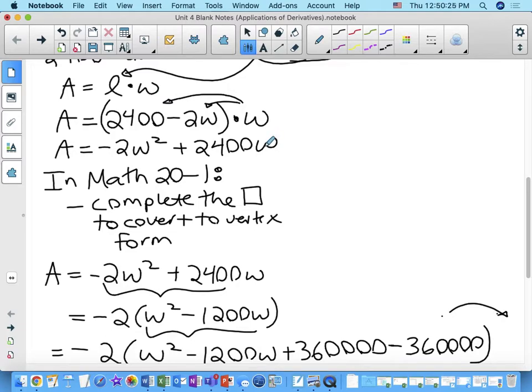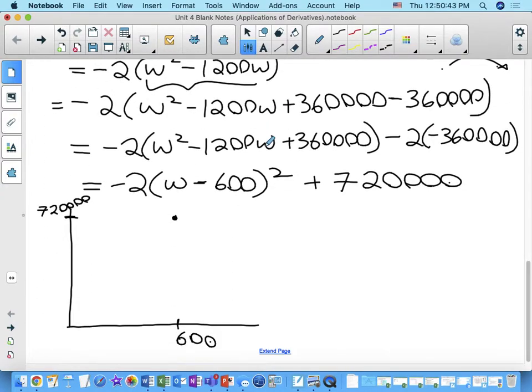Okay, if I think about what this would look like factored, right? I haven't actually factored it here, but it would be 2w times w minus 1200 factored, if that makes sense, right? So if I wanted to get even more accurate, for the purpose of this question, I don't need to do that. I could also plot the zeros, the x-intercepts. One of them would be at 0, and the other one would be at 1200.